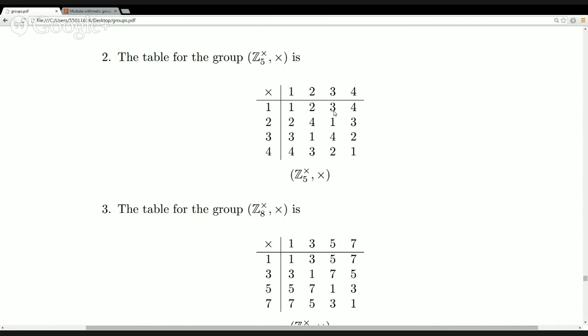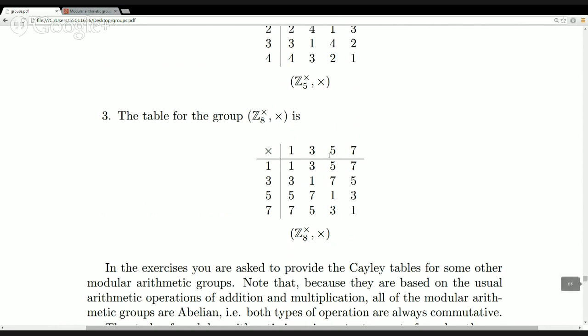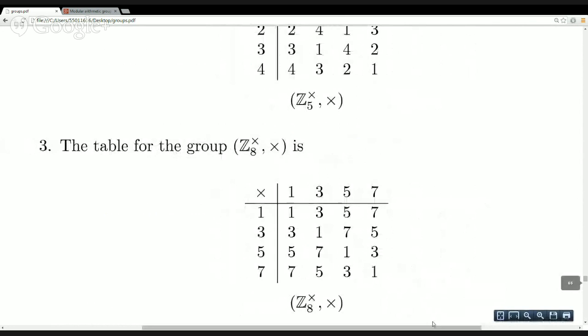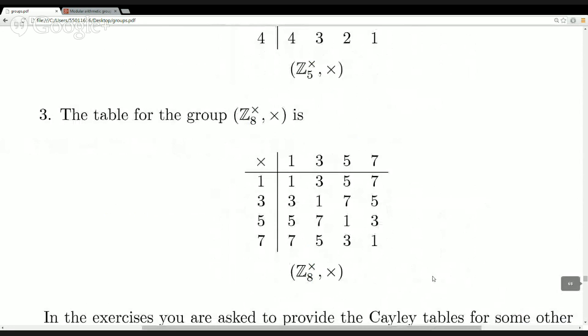There's something you can see in the Cayley table that tells you it isn't cyclic. If you choose any element and test whether it's a generator, so take 3, 3 squared is already back to 1. And the same with 5: 5 squared is 1 straight away. 7 squared is 1. So under multiplication modulo 8, every element is its own inverse.